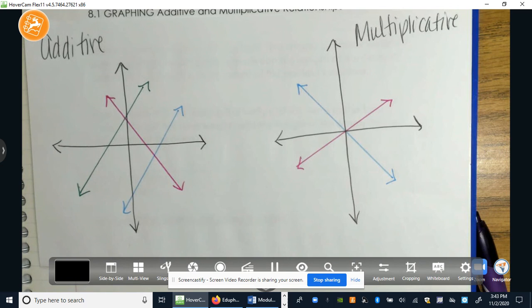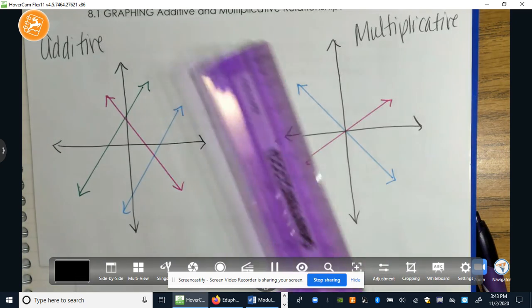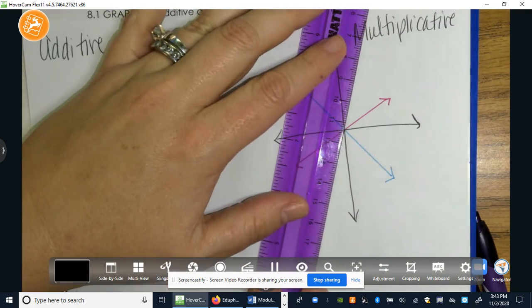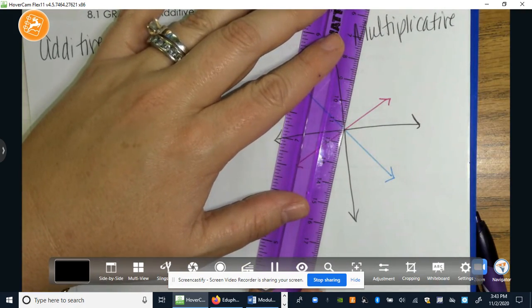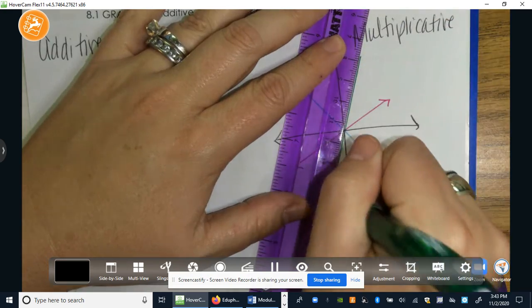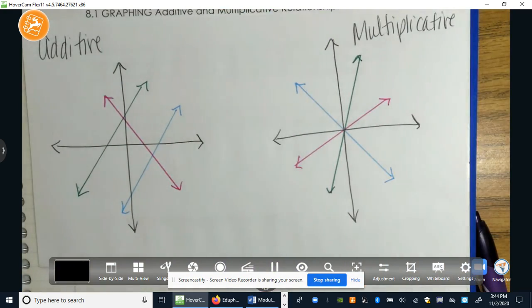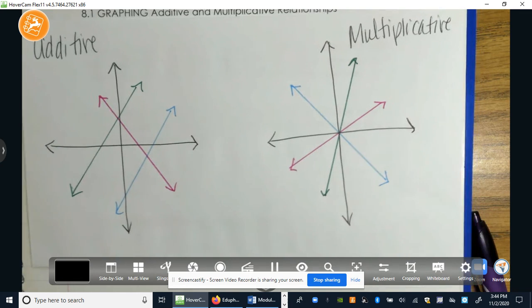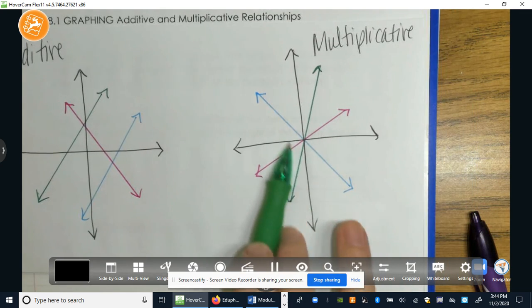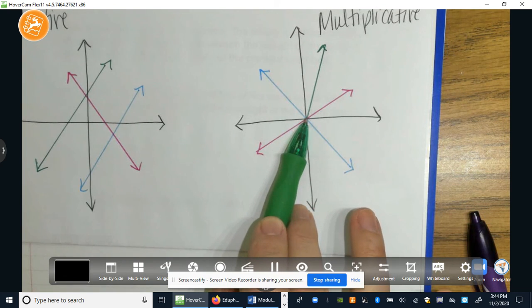This would be an example of an additive relationship, where this would be an example of a multiplicative relationship. Now I want you to pay attention. Do you see all the lines went through the point of origin in the middle here?